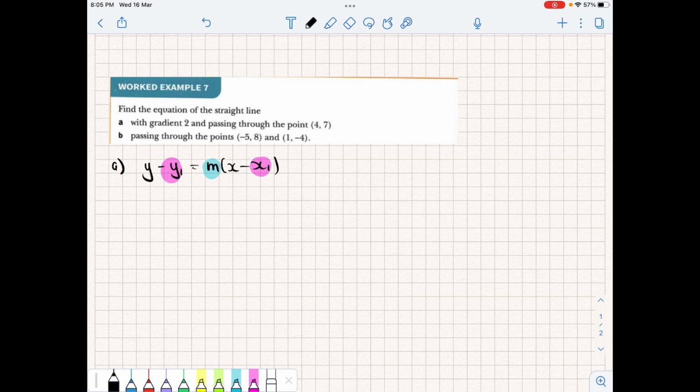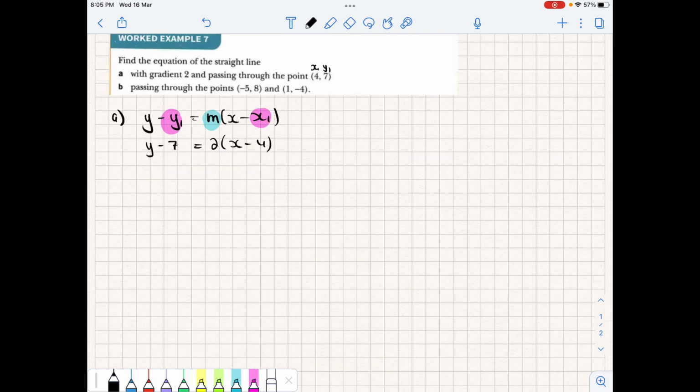So directly from the question, this will be x1 and this is y1, so we can substitute straight in. So y minus 7 is equal to, the gradient is 2, x minus 4. So we can just expand and simplify, and so we'll get y equal to 2x, we'll have minus 8, add 7, so we'll get minus 1.